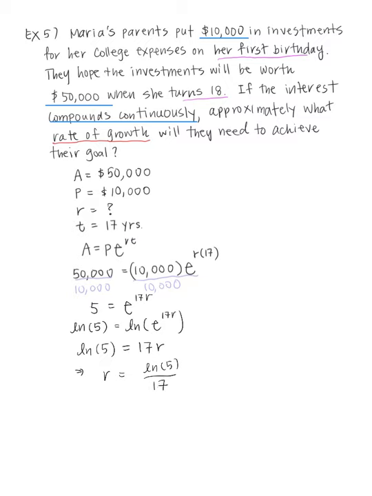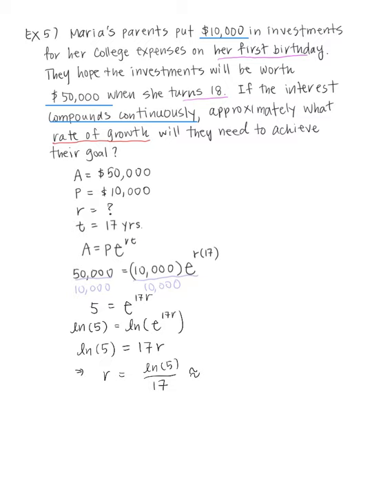Now we need to approximate this. So I'm going to type this in the calculator, and you can do it with me too if you like. You've got ln of 5 divided by 17.